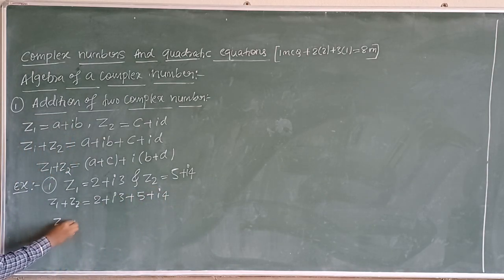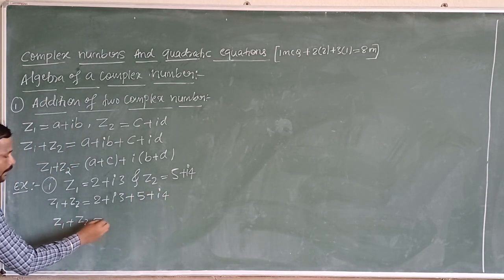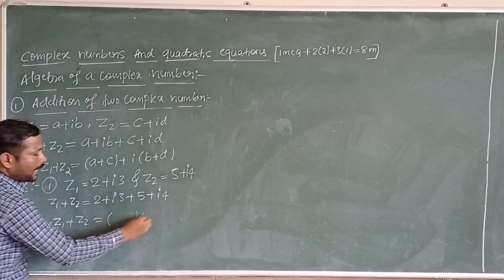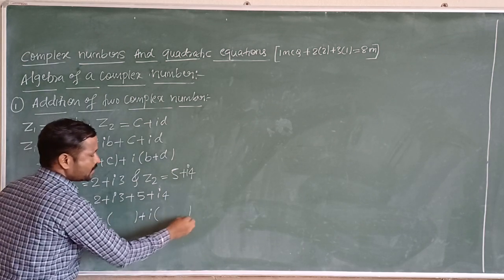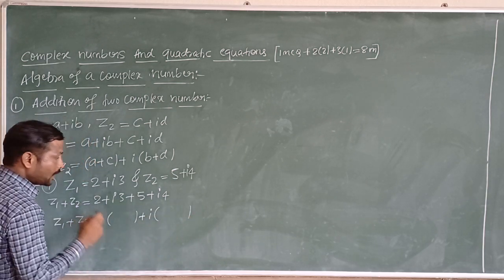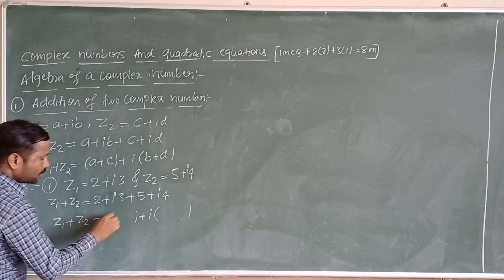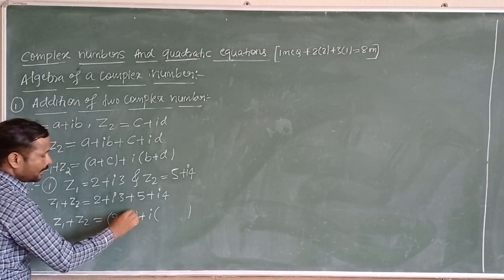Then z1 plus z2 is 2 plus i3 plus 5 plus i4. Take the real parts one side and the imaginary parts one side. What are the real part values here? 2 and 5, that is 2 plus 5.